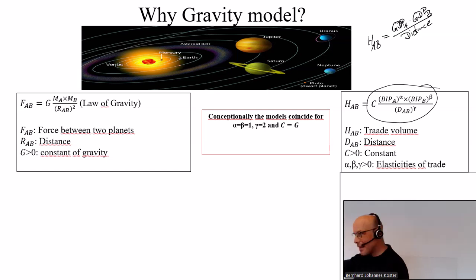or the planets and the planets, of course, that you take the product of the mass of the sun and the planet divided by here now the square of the distance. And you have also some constant of gravitation.